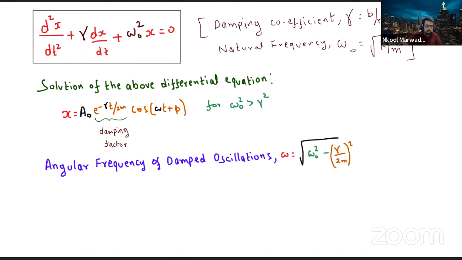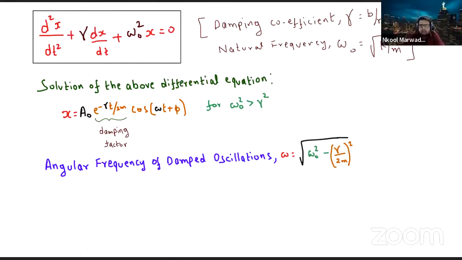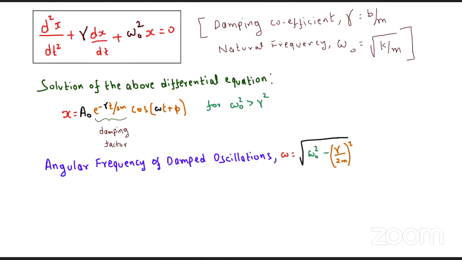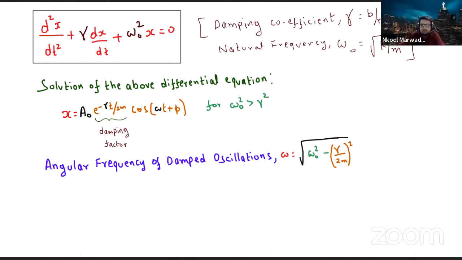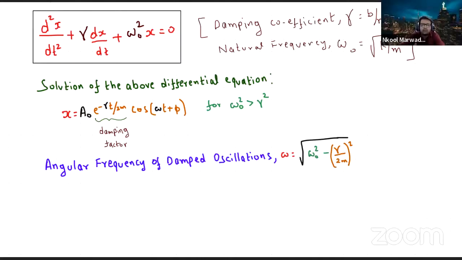So angular frequency of damped oscillation is under root of square of natural frequency of oscillation minus damping coefficient upon 2m square. And it is very clear that angular frequency of damped oscillation is less than the natural frequency, because natural frequency is omega naught and it is omega naught minus something. Omega naught minus something will always be less than omega naught. So angular frequency of damped oscillation is always less than the natural frequency.